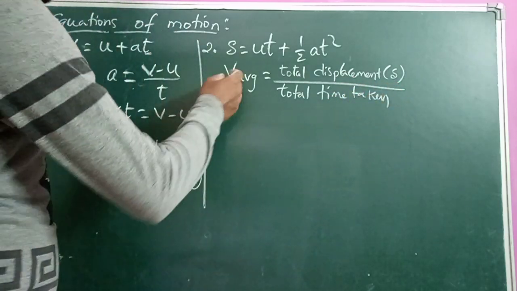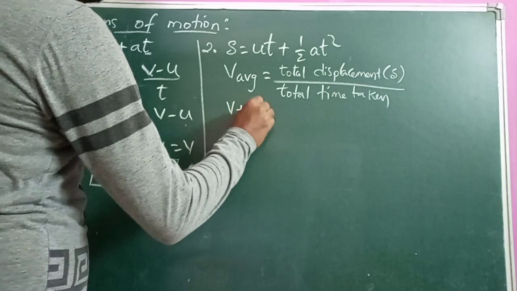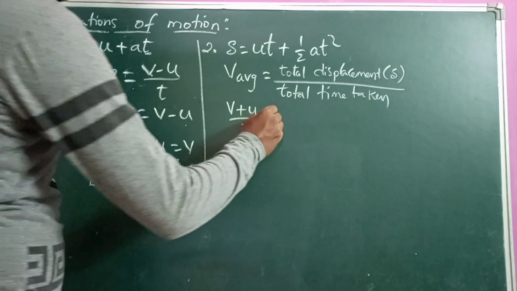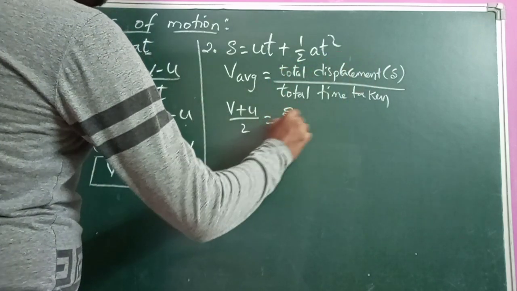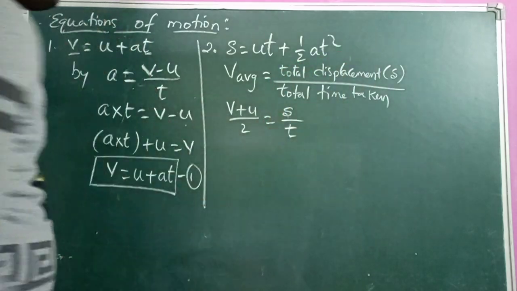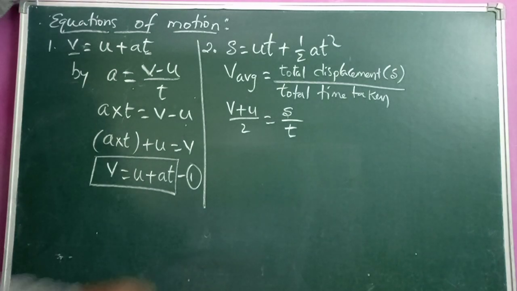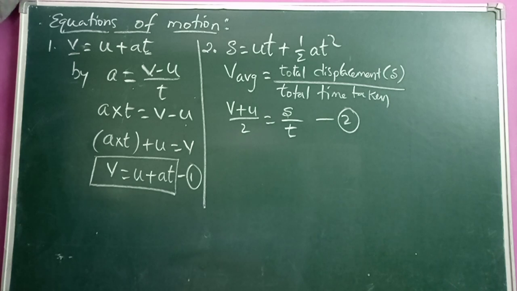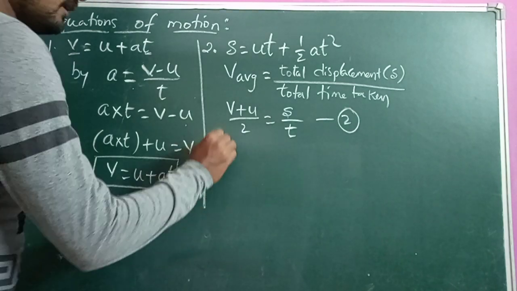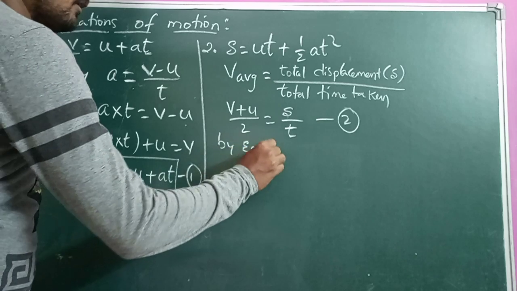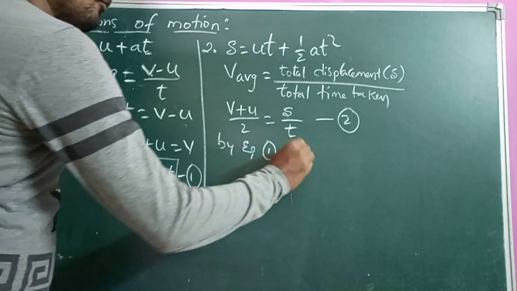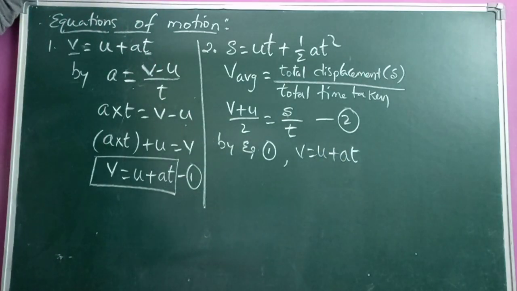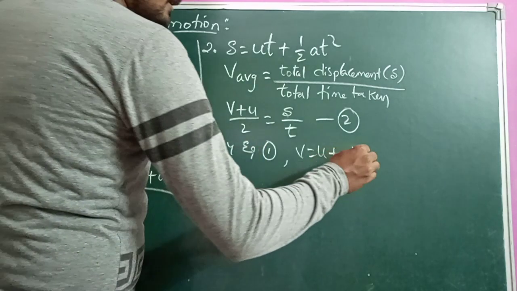And also average velocity can be written as V plus U by 2. So total displacement is S and total time taken is T. Okay, mark this as 2. And also by equation 1, what is equation 1? V is equal to U plus AT.